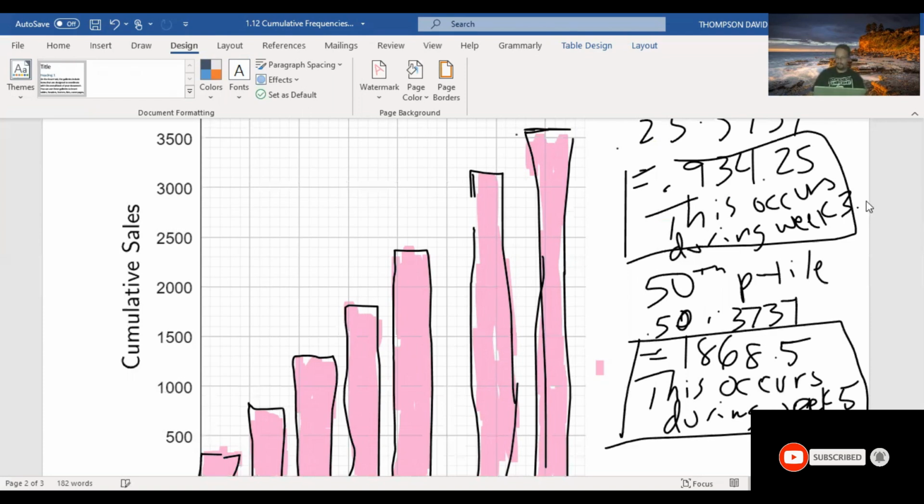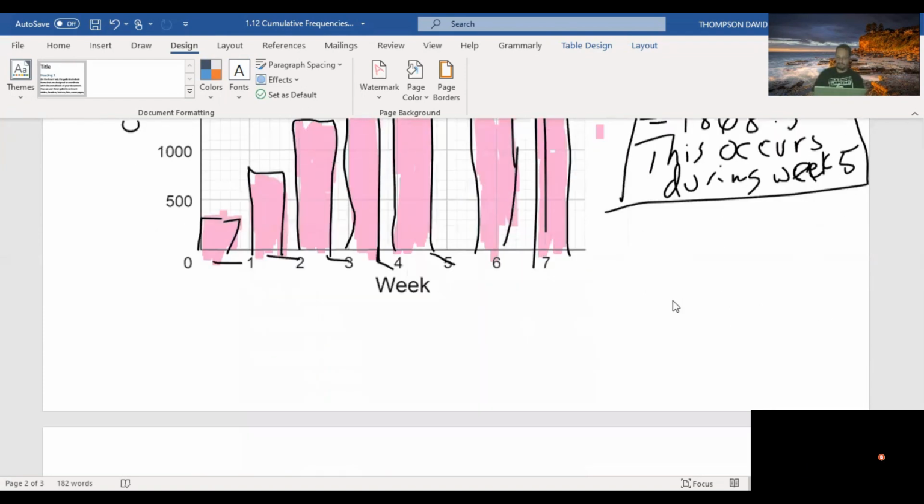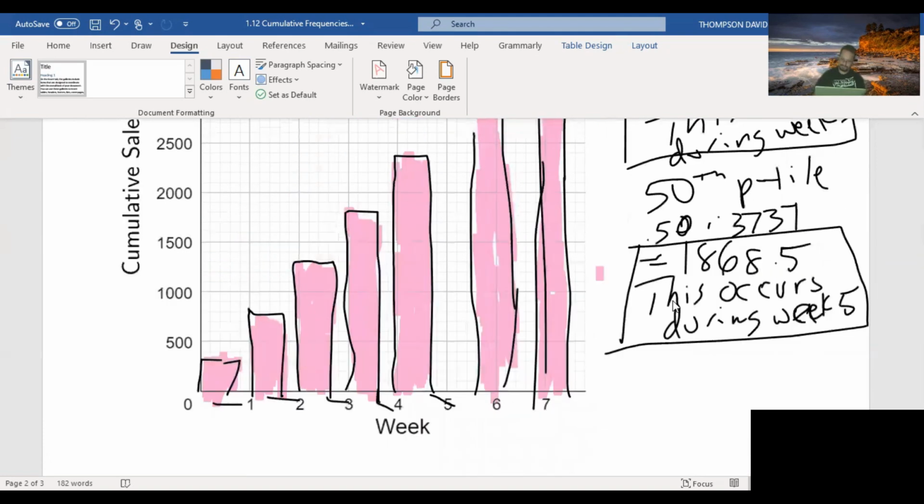And then the last one we'll do is the 75th percentile. So that'll be just 0.75 times 3,737.